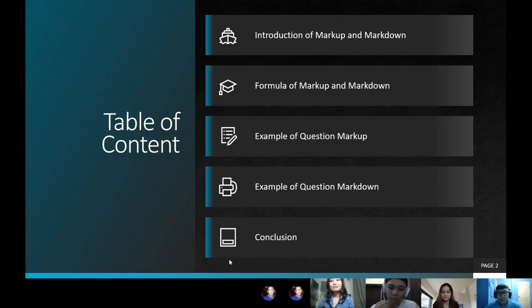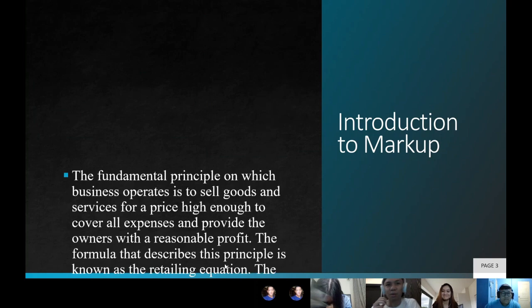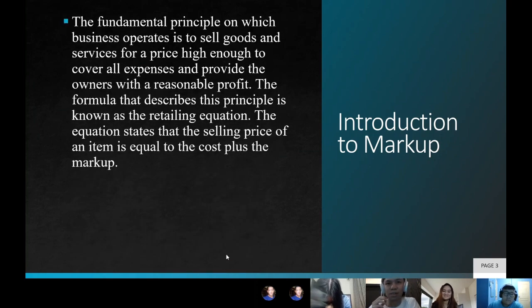Okay, Faid. Before that, let me introduce what markup actually is. A fundamental principle on which business operates is to sell goods and services for a price high enough to cover all expenses and provide the owner with a reasonable profit.